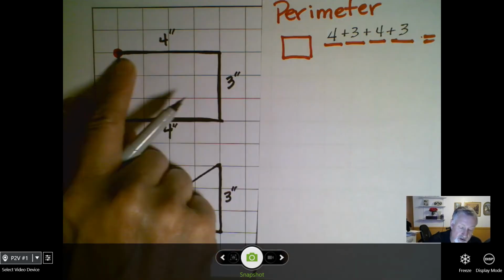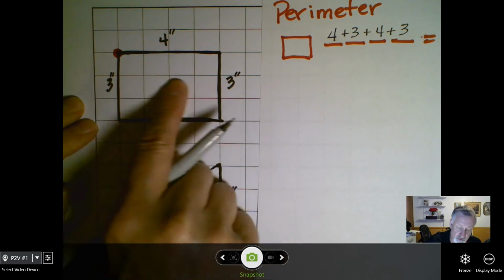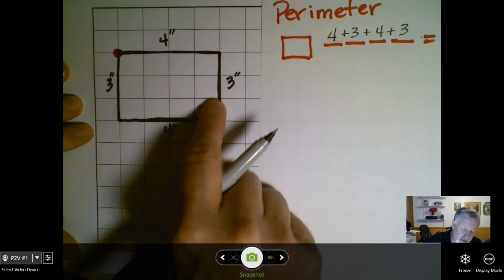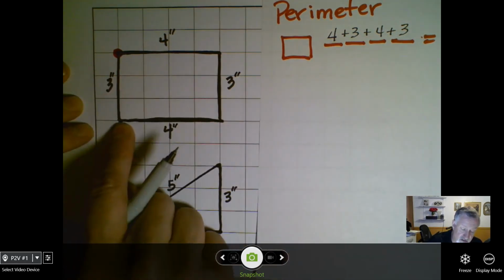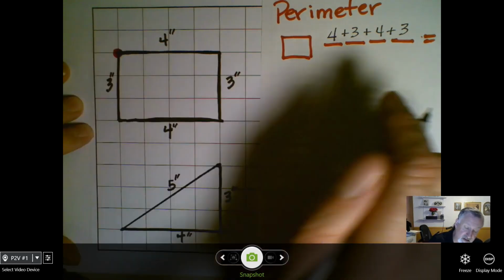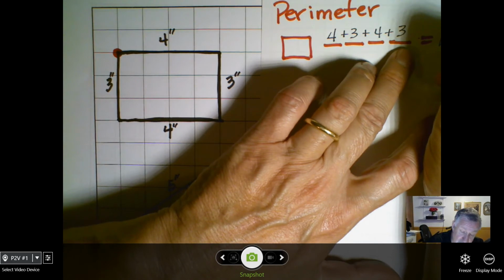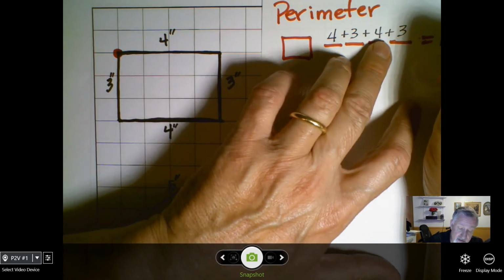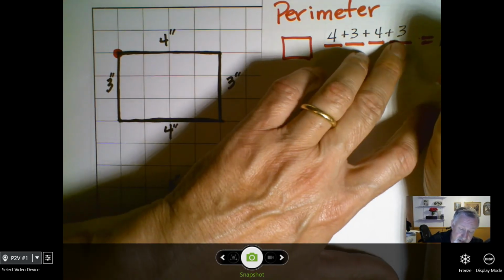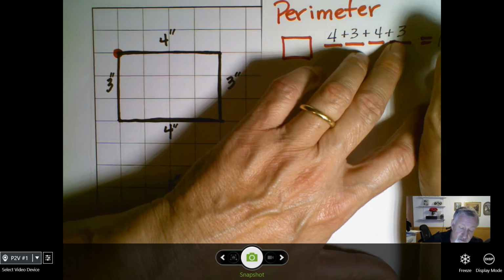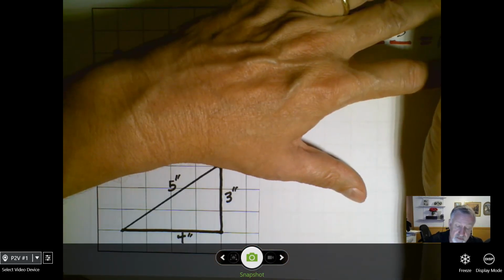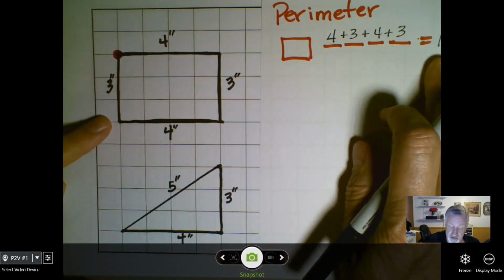So it is no longer a two-dimensional measurement. We are not measuring squares. We are just measuring a single-dimensional distance that just happens to go in different directions. So we add all that up. 4 plus 4 is 8. 3 plus 3 is 6. 8 plus 6 is 14. So our answer is 14 inches.